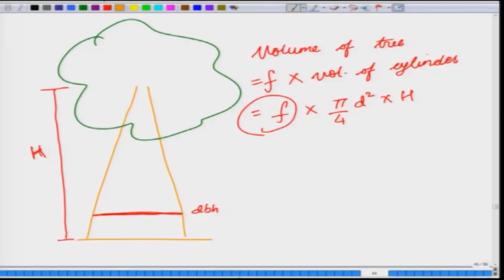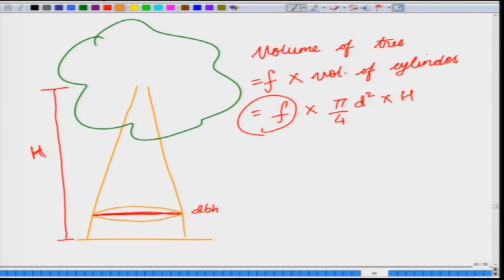But given an area, you can always chop down a few trees, get their volume divided by the volume of the cylinder and you will get a common value of small f or the form factor for your particular area. But then to find out the volume of any particular tree, you have to multiply that with pi by 4 d square into h.